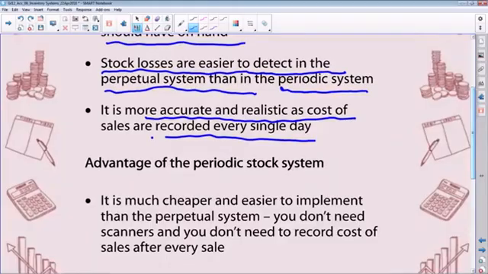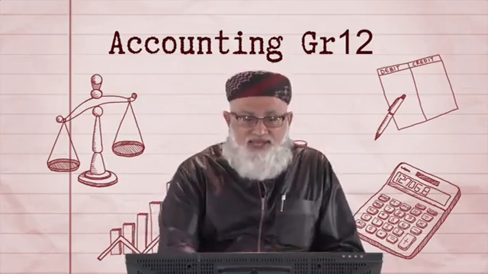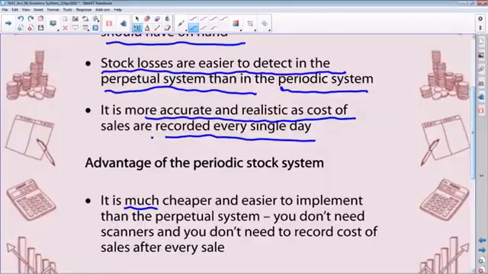Now, let's look at the advantages of the periodic system. Certainly, it is used by certain types of businesses, and the key characteristic of the periodic system, which we would classify under advantages, is that it is much cheaper and easier to implement than the perpetual system.